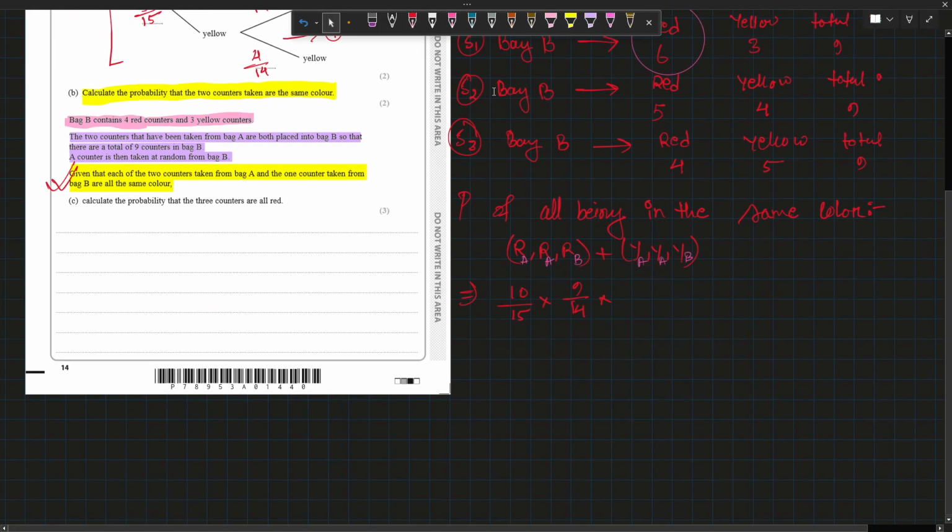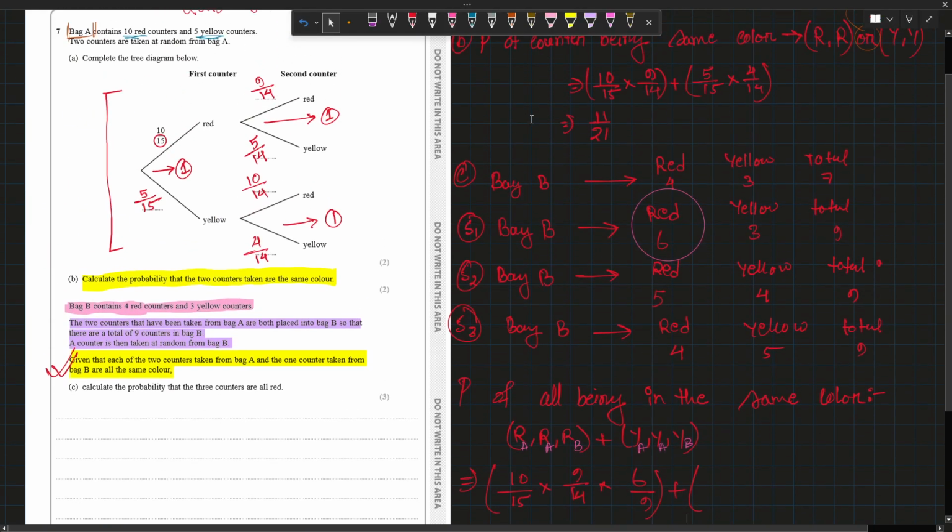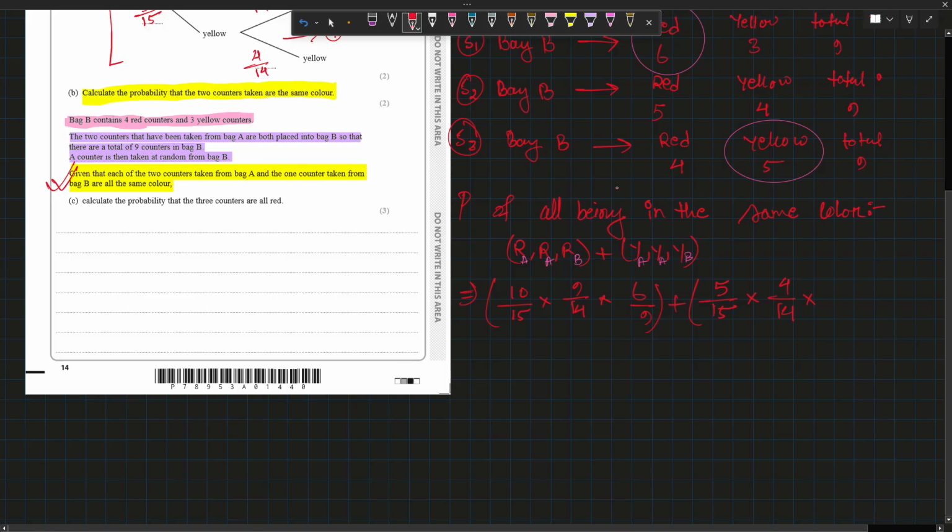So it's going to be 6 by 9, because the total is 9, and then we're going to add them. Now it's the turn of the yellow one. So 5 by 15 times 4 by 14 times, the yellow one is right here, where I have taken 2 yellow here. So it's going to be 5 by 9.